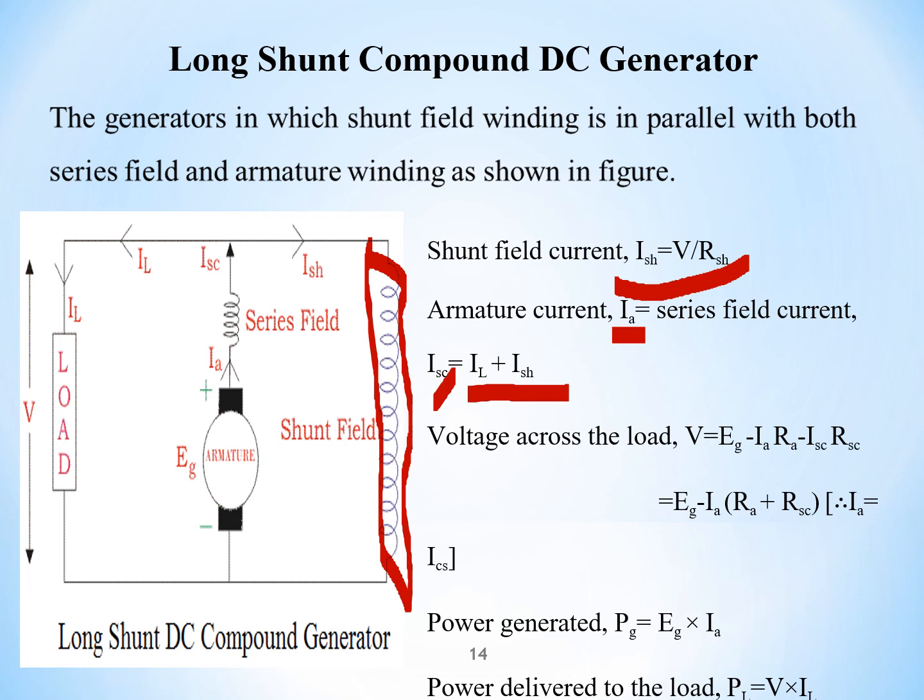So here we know that IA and ISC are both the same, so I am taking them common. So V is EG minus IA times RA plus RSC, and the power generated PG is equal to EG into IA, and the power delivered to the load is equal to V into IL.